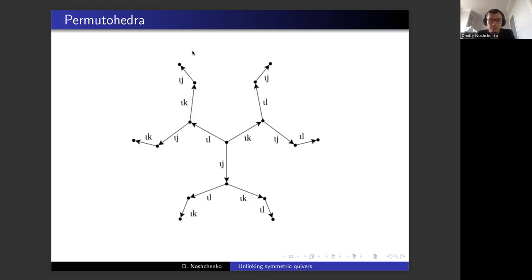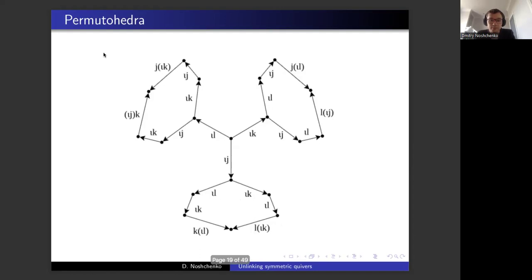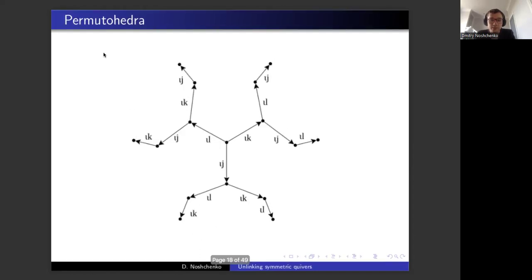And to check the equivalence, well, of course, you have it manifestly, but for a nicer presentation, we can fill in the interior of this permutohedron by connecting all the missing connections here.